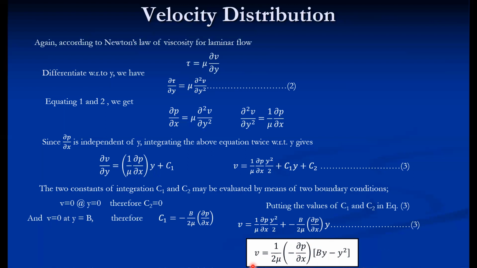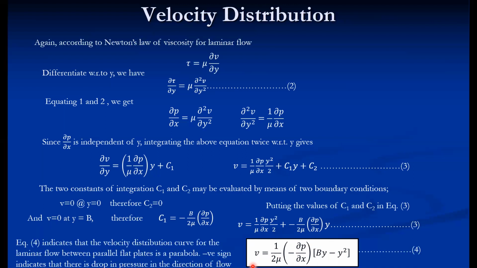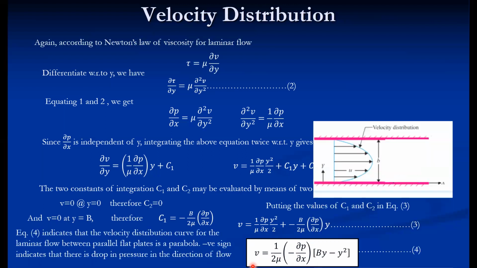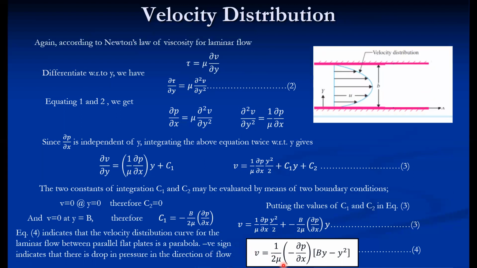Now from this expression, equation 4 indicates that the velocity distribution curve for laminar flow between fixed parallel plates is parabolic. Like velocity distribution in a circular pipe, here also it varies parabolically. So this is the variation of velocity with respect to y. If we put y is equal to 0, v is equal to 0.